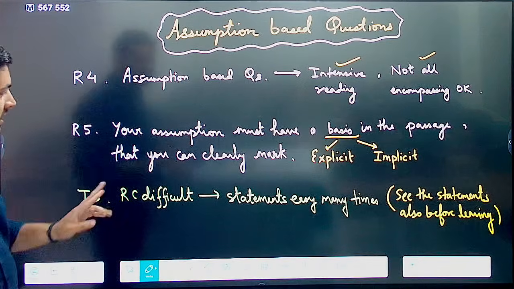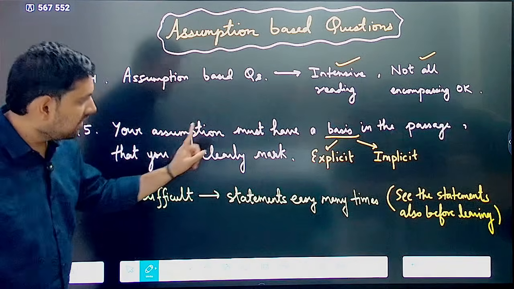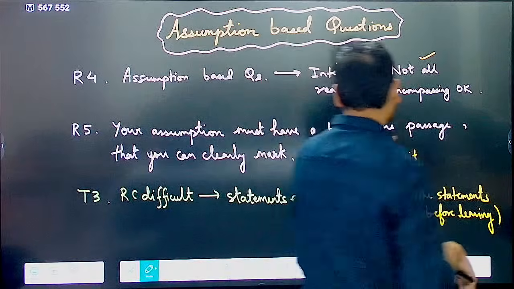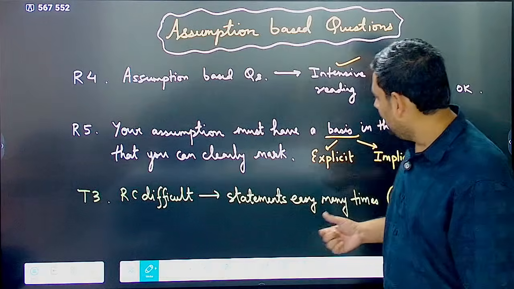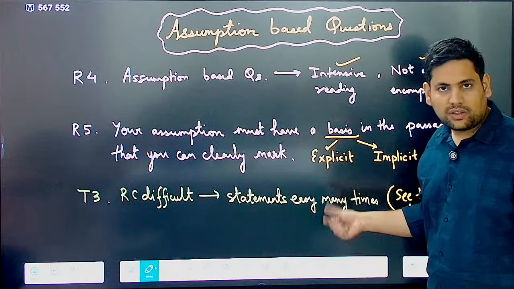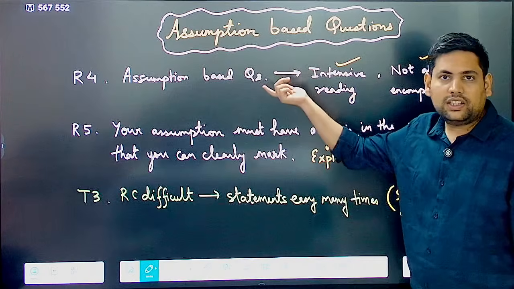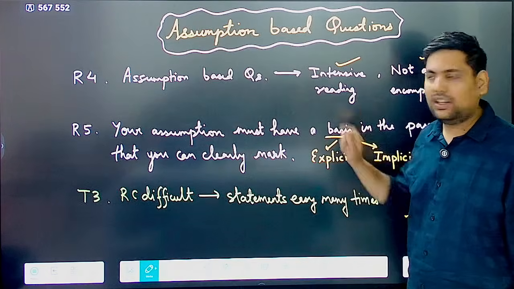Now this is the most important line that you need to remember whenever you are doing an assumption based question: your assumption must have a basis in the passage that you can clearly mark. Now that basis may be explicit, that you can clearly mark, for example, here it is mentioned that climate change is affecting agriculture.